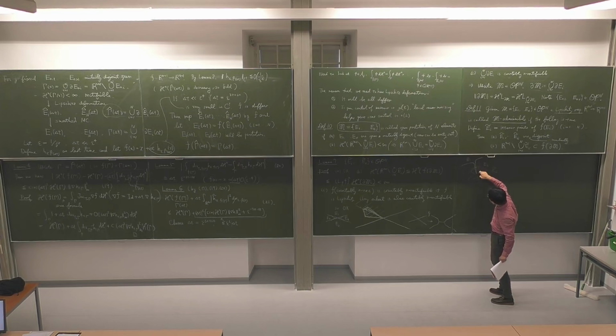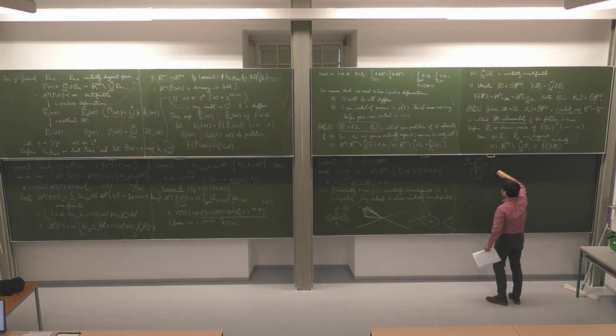For example, this point gets mapped to here, and so forth. So this little piece of line will be in the image of the boundary. I hope from the picture it's clear. What I'm saying is, for this little line, you have some point on this boundary that gets mapped to here. Okay, so this condition is also satisfied.